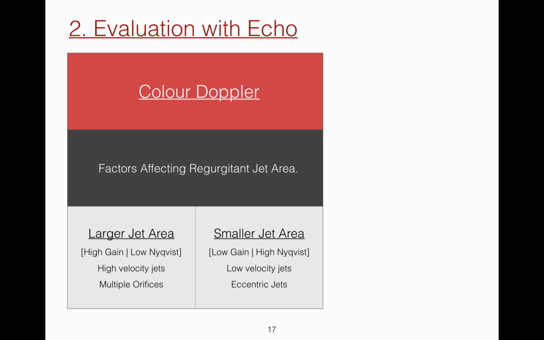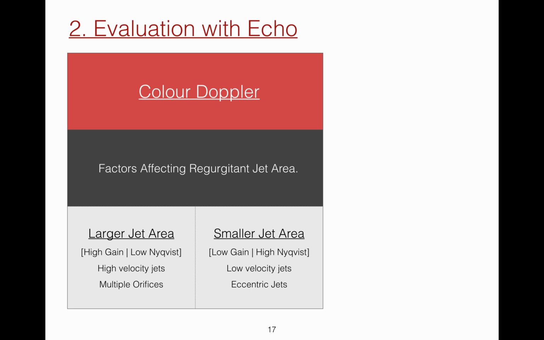Factors that lead to a larger jet, apart from gains too high and Nyquist limits too low, are high velocity jets or valves with multiple regurgitant orifices. That is, these are often overestimated.